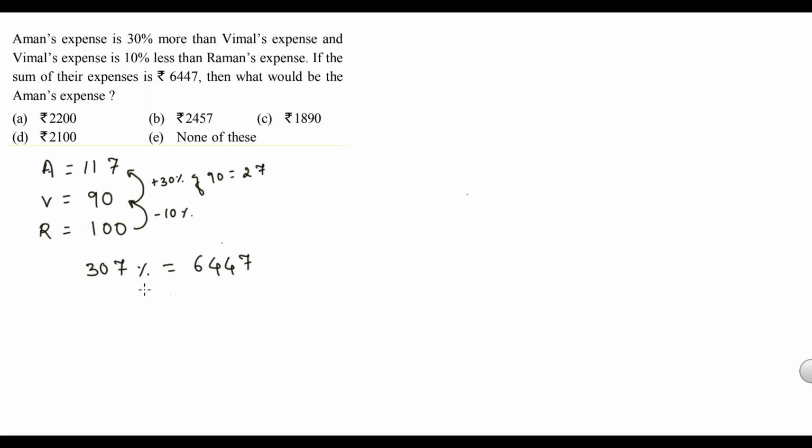Right. If this is the value of 307, we are finding Aman's expenses. So Aman's expense value is 117. And so if 307 percentage is 6,447, then 117 percentage is 117 into 6,447 divided by 307.